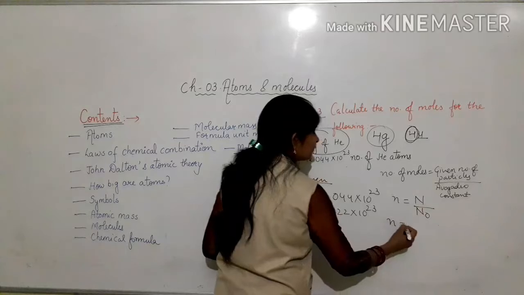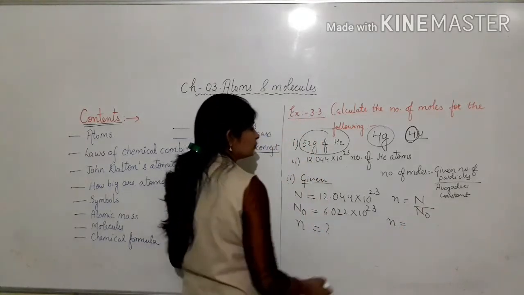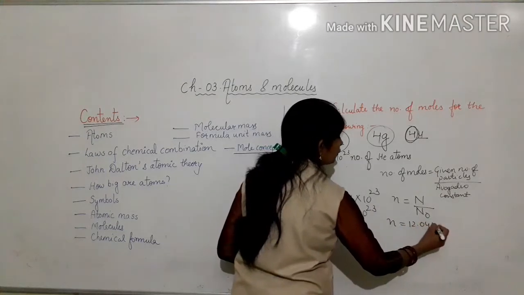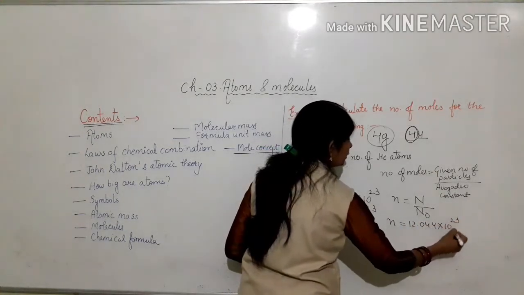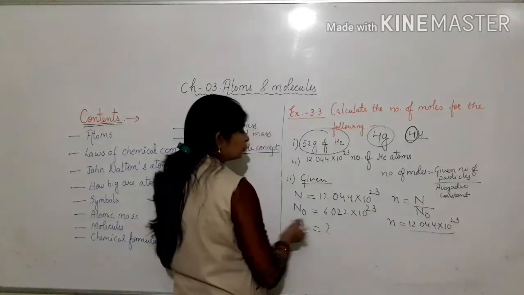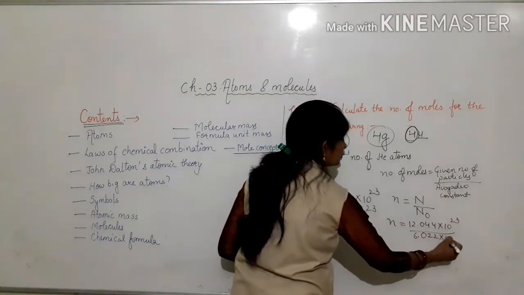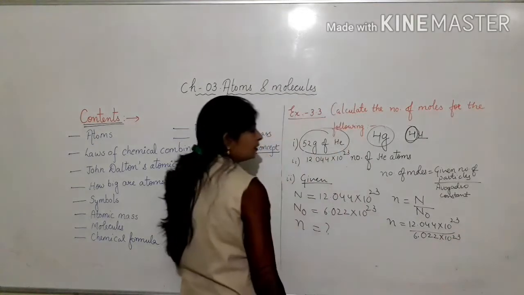Now the number of moles we have to find is equal to number of particles 12.044 × 10^23 upon Avogadro constant, that is 6.022 × 10^23.